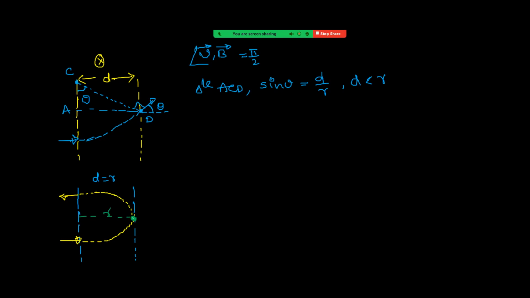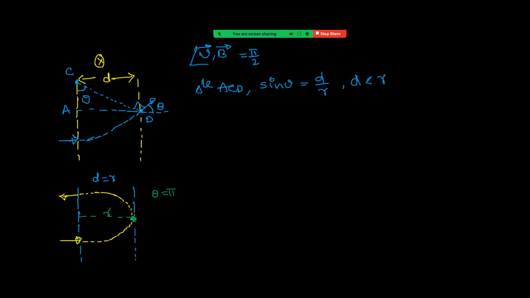So at this location also, the particle is inside the magnetic field, which means still magnetic force is acting on the particle. Therefore, it follows the semicircular path like this and comes out of the region like this. This is opposite to the initial motion direction. That means deviation is equal to 180.